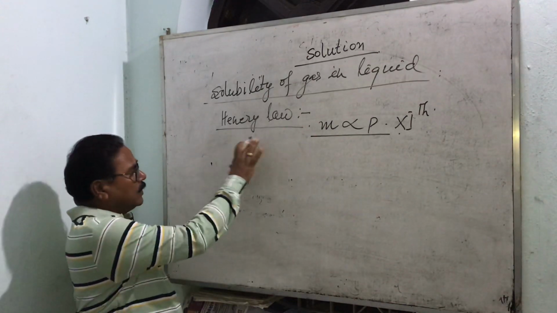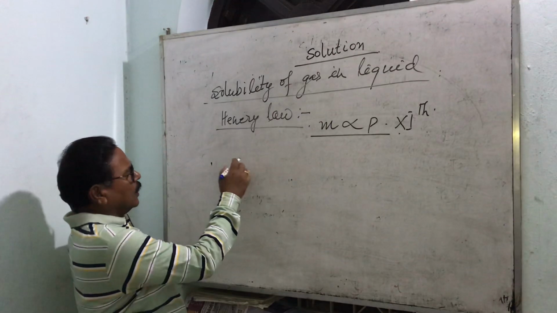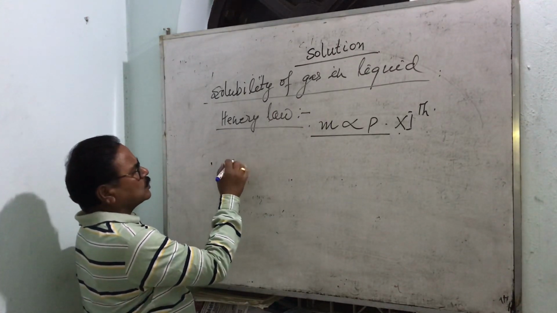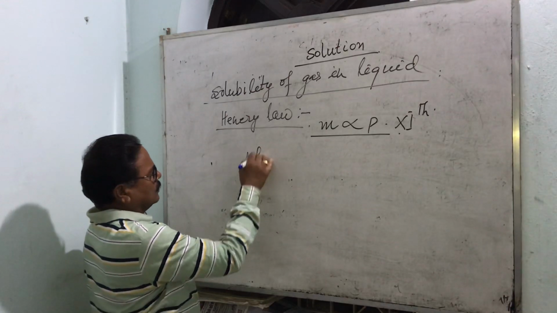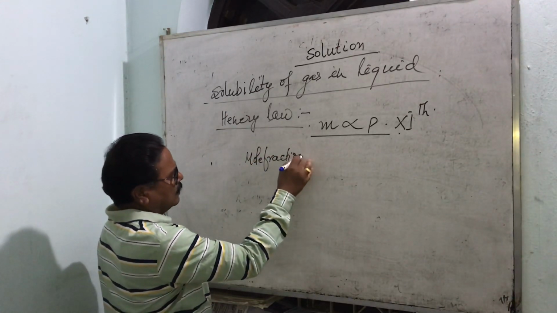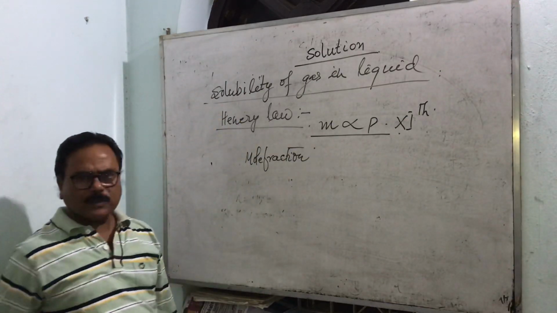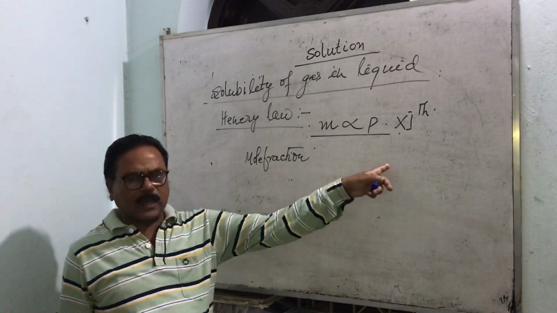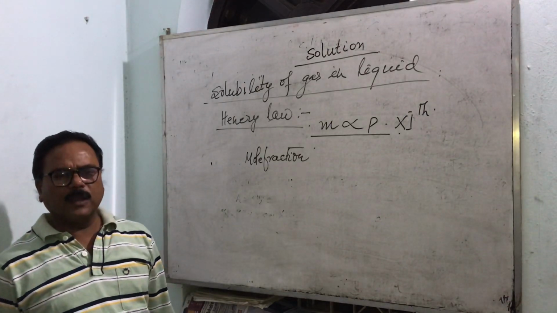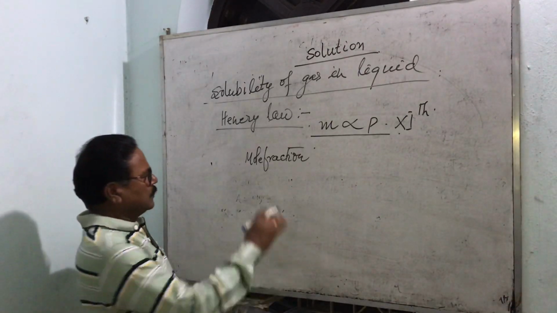Now, Henry's solubility of a gas is defined in terms of the mole fraction. Mole fraction was considered by Dalton, who was a contemporary of Henry.